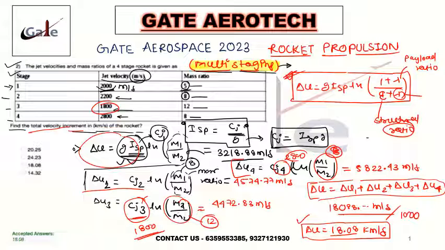So when they have given data in this form, structural ratio or payload ratio, we can directly use this formula to calculate the change in velocity from that stage. So again, this g into Isp you can write as Cj, which is the exit velocity. Okay, so I hope you got the idea how to use these equations and what is the significance of this equation they have given.